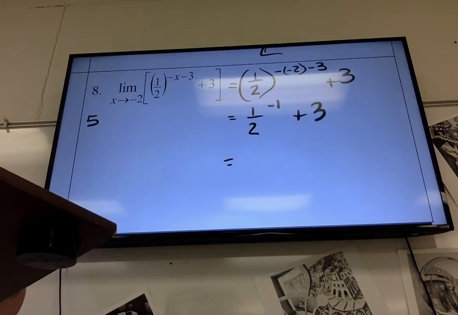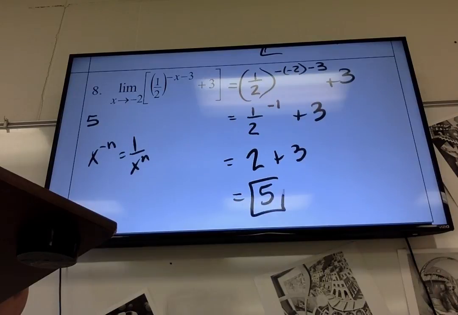And I have a negative exponent. So how do I get rid of it? Flip. Remember, if you have a negative exponent, you can flip it and make it a positive exponent. So I flip 1/2, make it 2/1 to the first. So yes, the 5 is right.